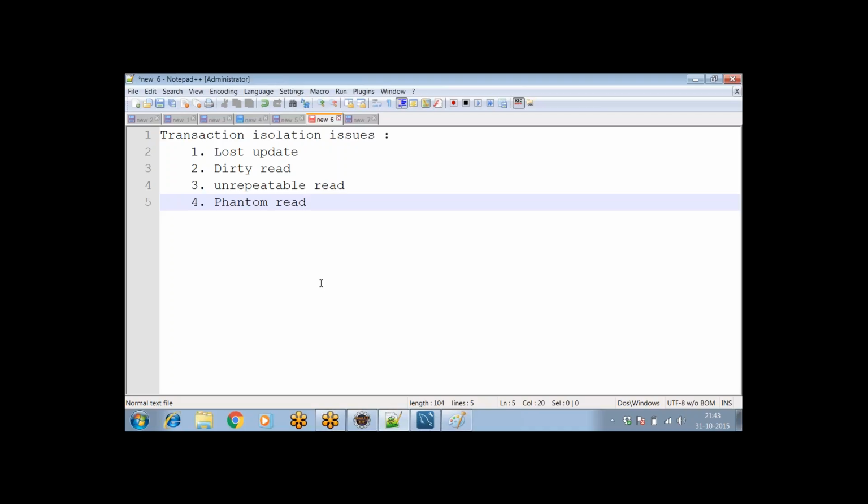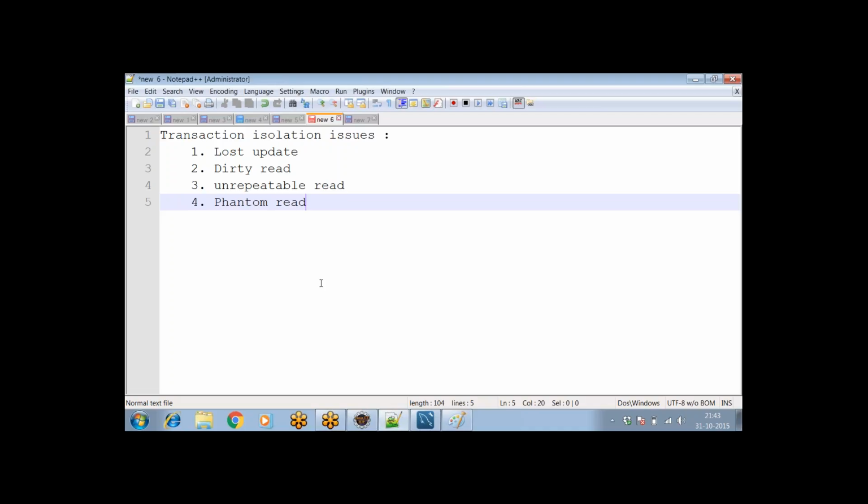Phantom read deals with a set of rows. A transaction is reading multiple rows, and each time it tries to read them twice, it gets two different results.